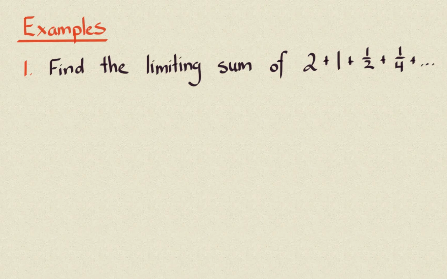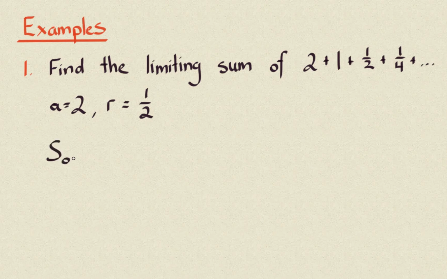And our first example is just confirming what we looked at before. Find the limiting sum of this series, where a equals 2, the common ratio equals 1/2. And remember, that's all we need to know when we're looking at the sum to infinity.